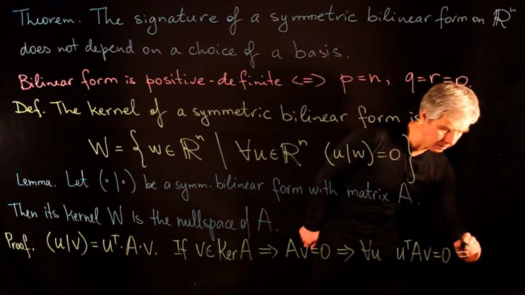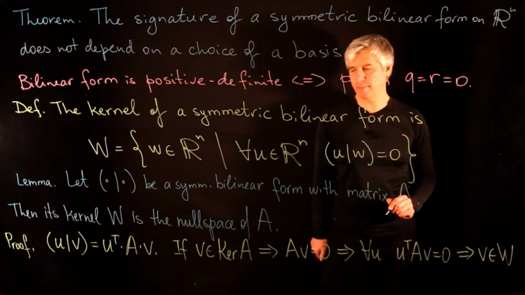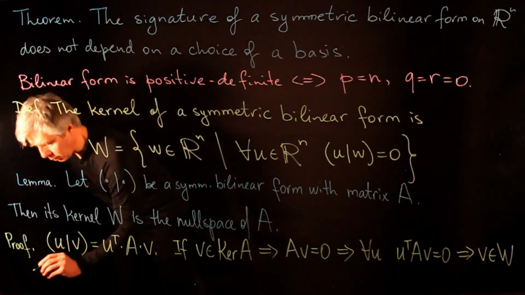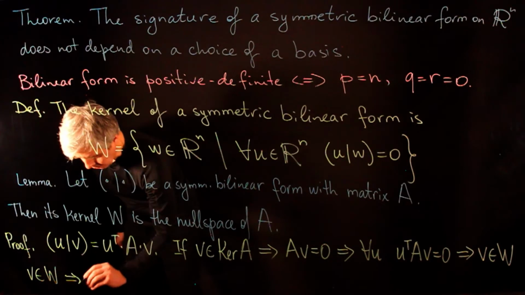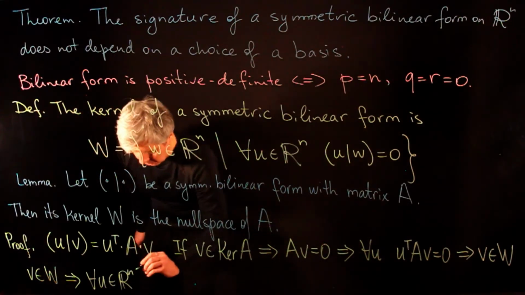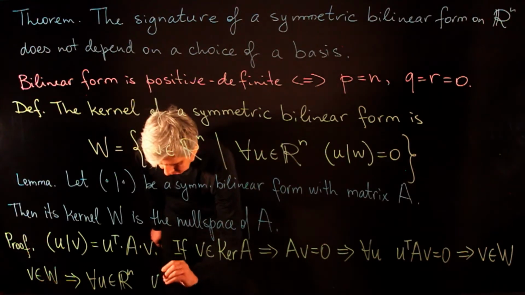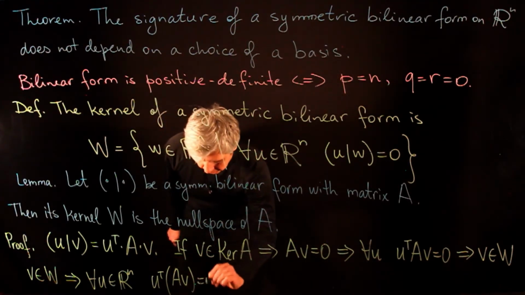So this means that V is in the kernel of the bilinear form. And for the converse, if V belongs to W, this means that for every U in Rn, the product of U transpose with AV is equal to 0.